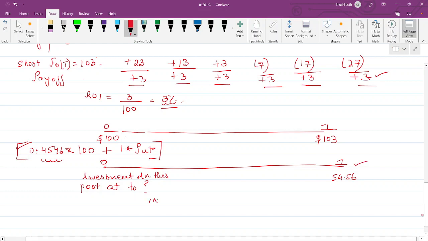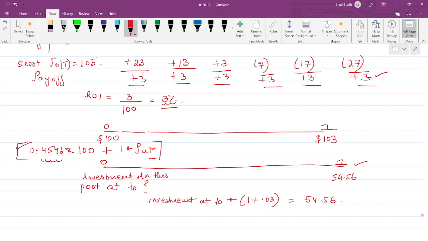So my investment at time zero is going to be 54.56 divided by 1.03, which is how much?